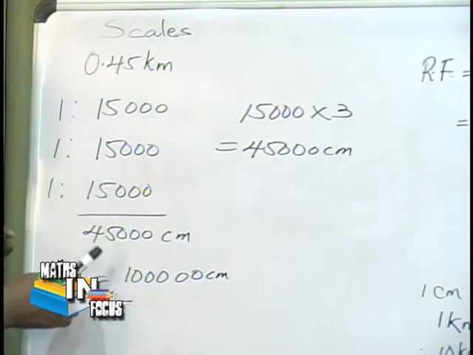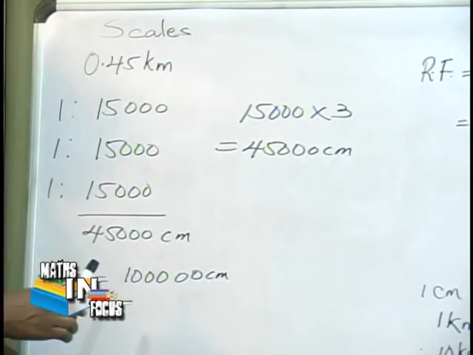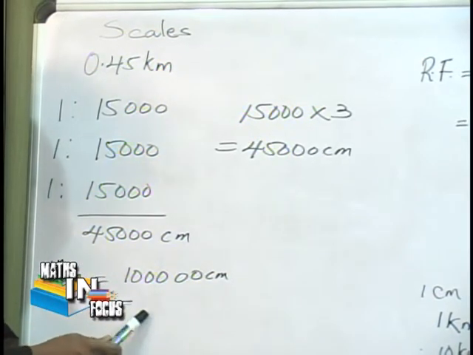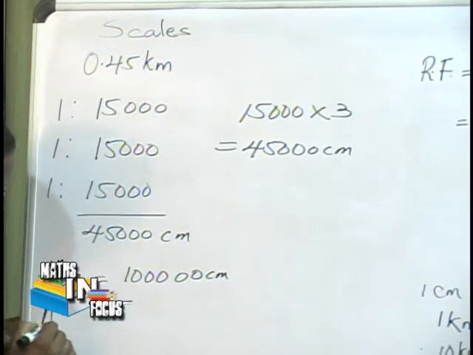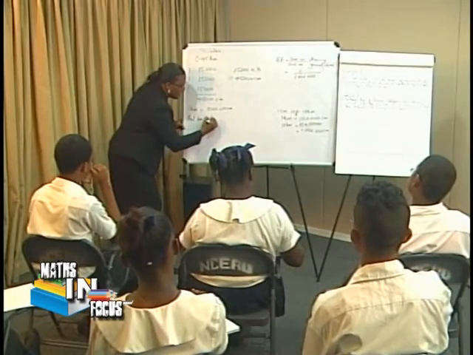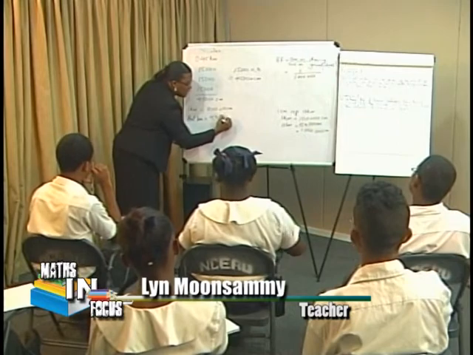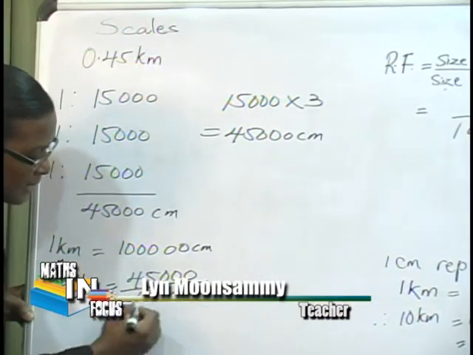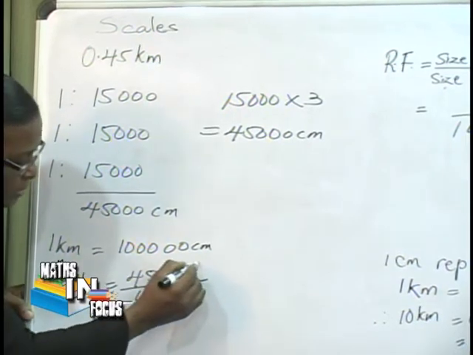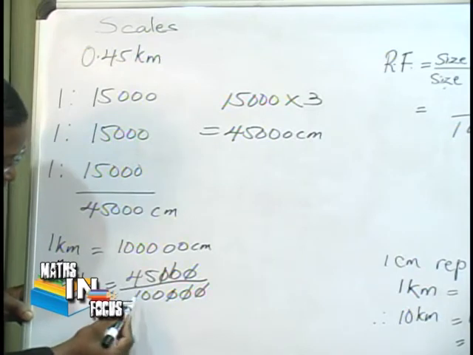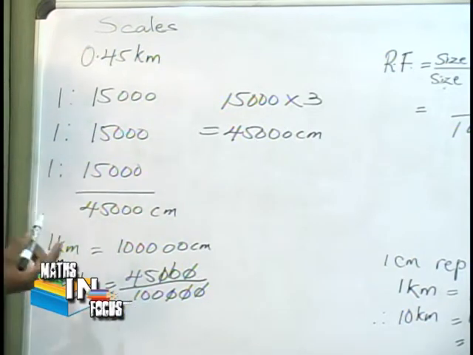So if we have 45,000 here, we're going to take this and divide by this here. So the amount in km is going to be 45,000 divided by 100,000. The zeros will cancel out each other, and we have 45 being divided by 100.